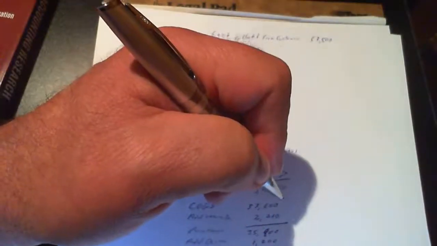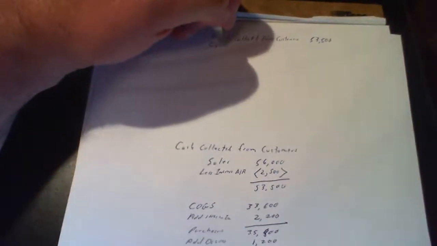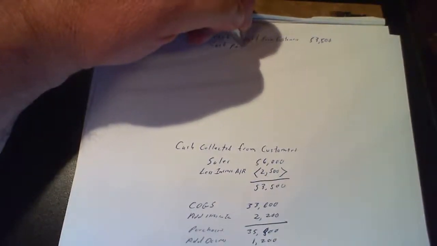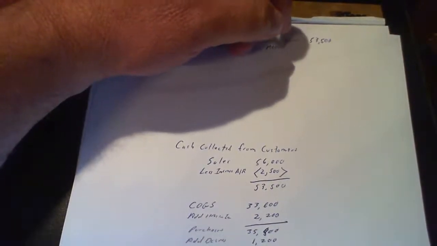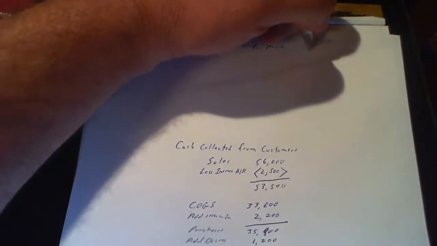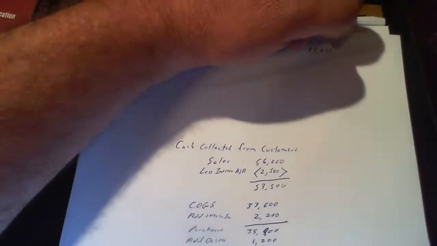That will give us 37,000. So cash paid for merchandise. And of course, that is a negative.